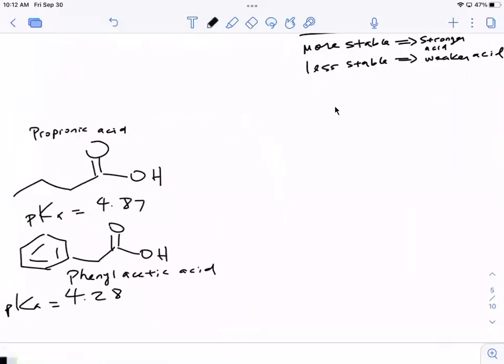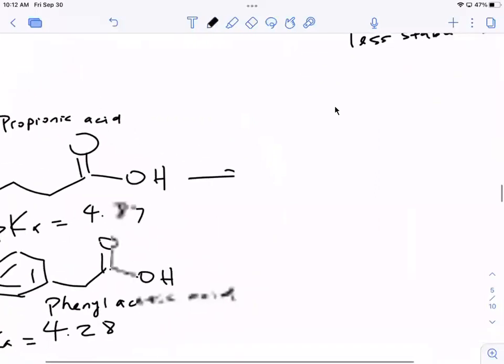The conjugate base is going to look like this when I remove this, this is the proton I'm taking off. That's very important as we study pKa, to be able to recognize where your acidic proton is. It's normally attached to a highly electronegative atom, right?